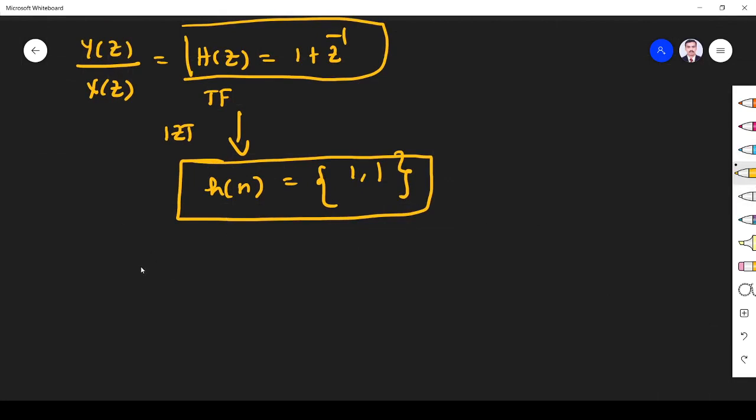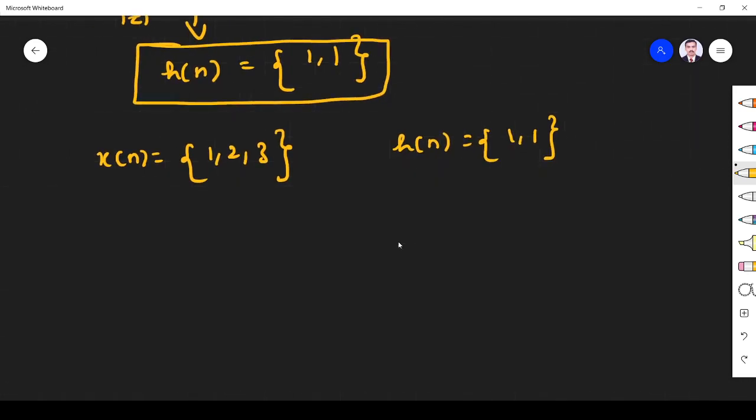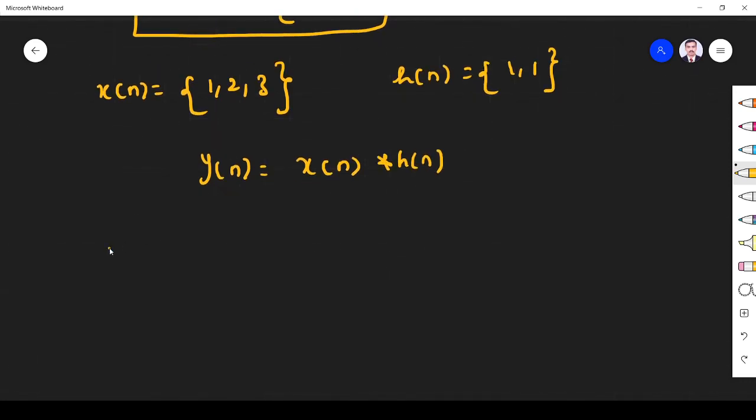Let me assume I have an input signal x of n with values 1, 2, 3, and this is my impulse response h of n, which is 1, 1. Our output is y of n equal to x of n convolved with h of n.